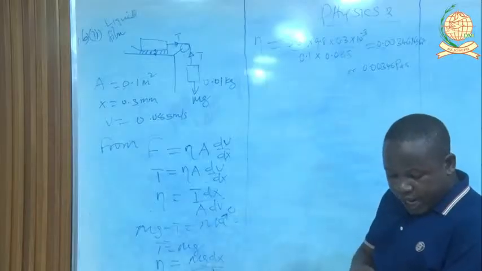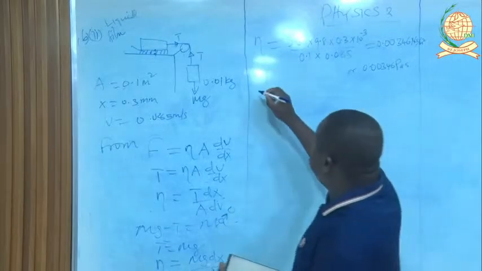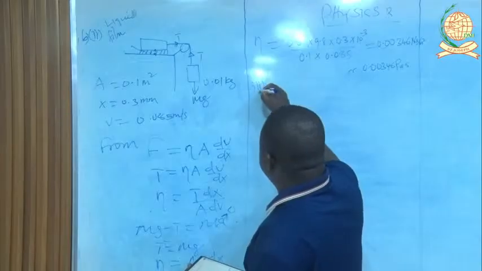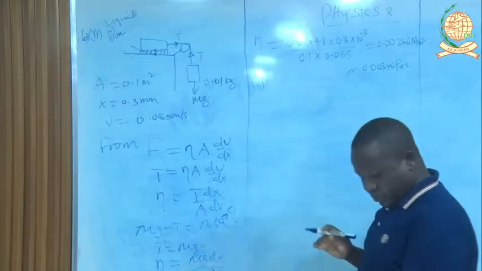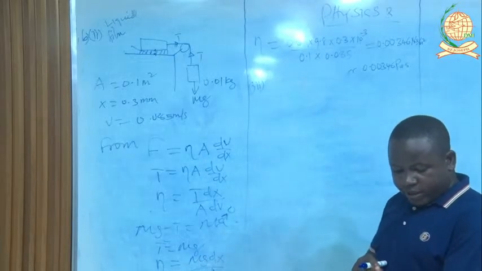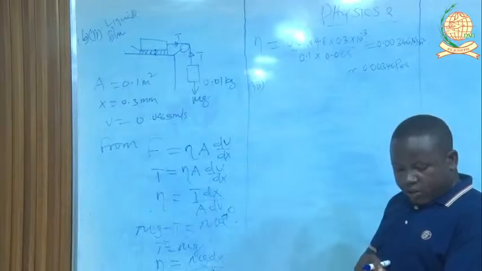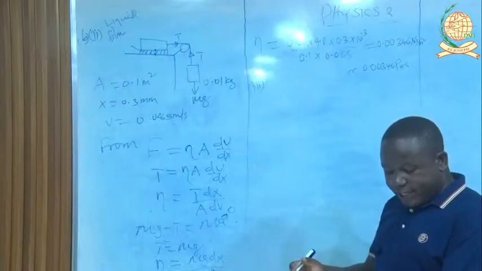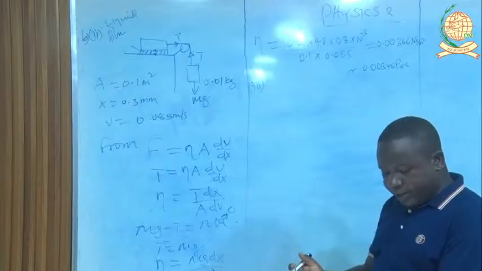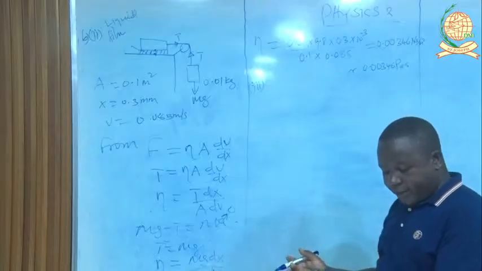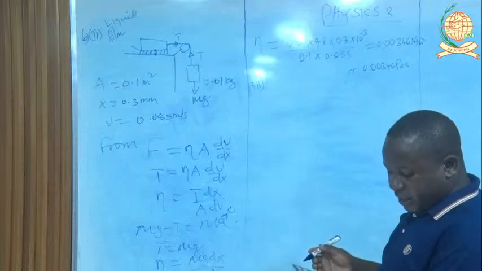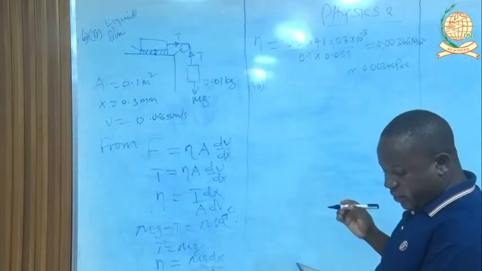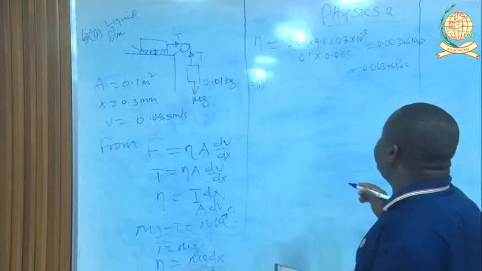We move to another question in Roman 3. Roman 3, we're given 3 capillaries of the same length, but internal radii R, 4R, and 5R, connected in series, and the liquid is flowing through them.